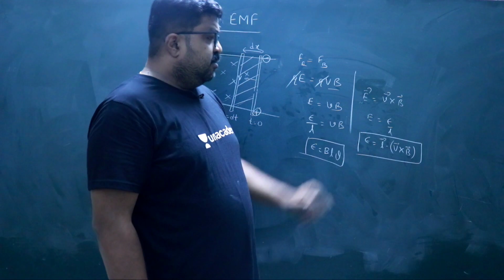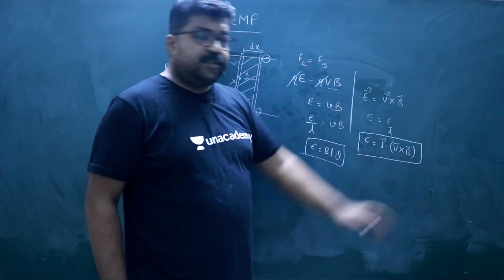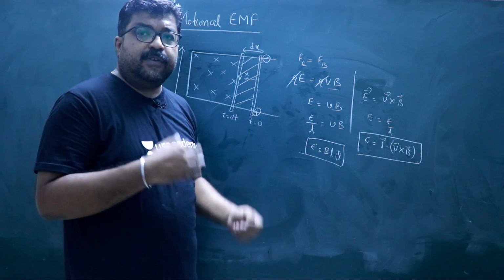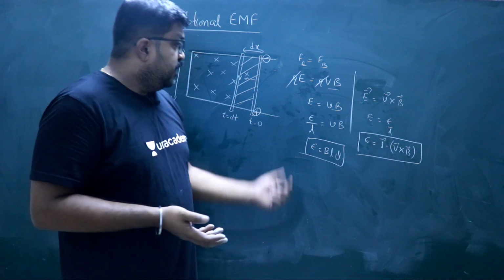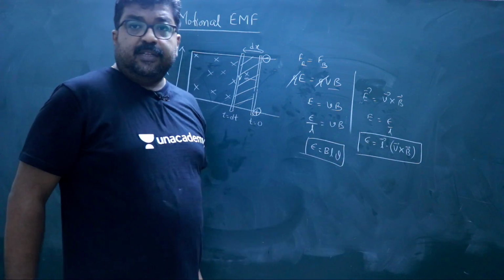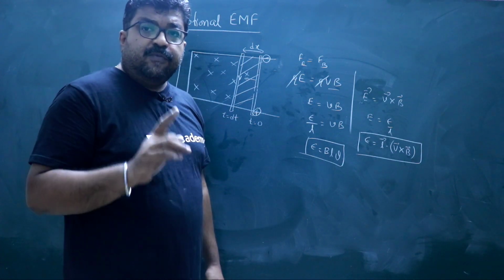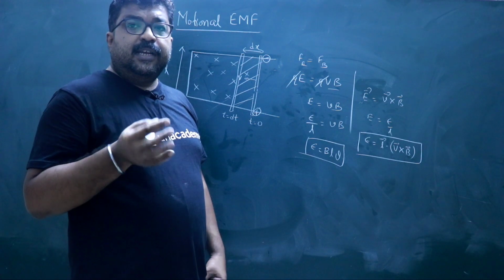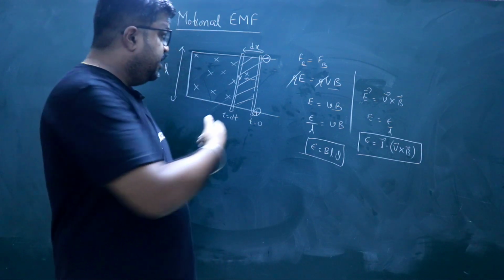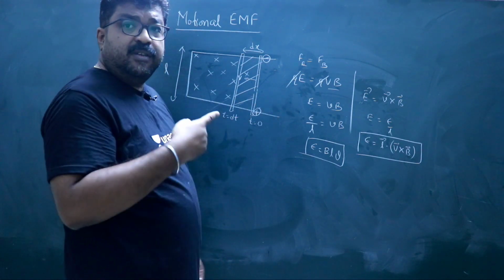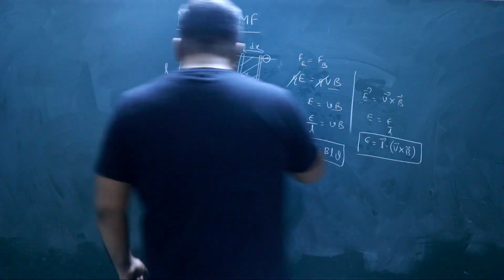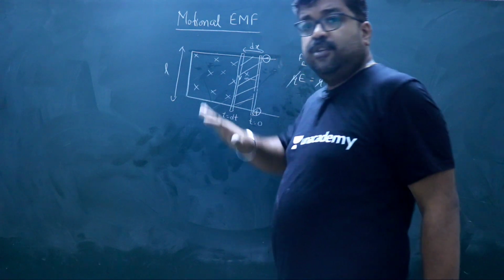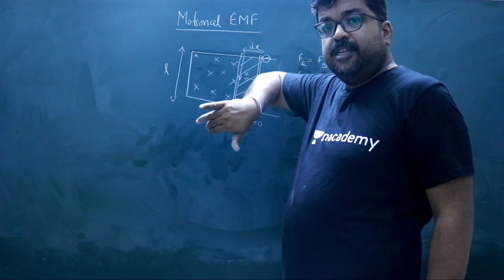Now you can use this expression to find the direction in which a conductor has high potential. The direction of V cross B will always give you the end of the conductor at which you have high potential. Like in this case, V is in this direction, magnetic field is in the inward direction, so V cross B will be in the downward direction.